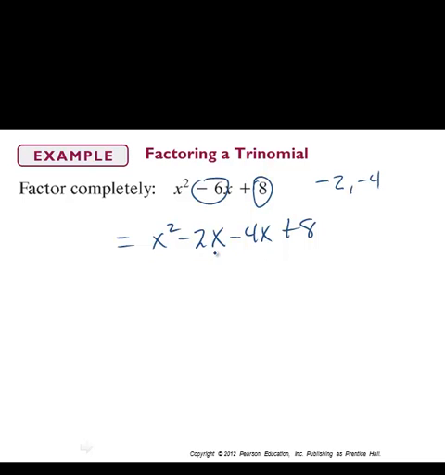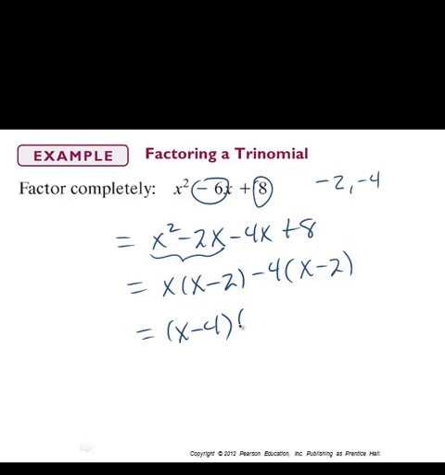But now we can go ahead and factor out an x from these first two terms and factor out a minus 4 from these last two terms. Leaving this with a common factor of x minus 2, which you can factor out, leaving you with an x minus 4. So we have x minus 4 times x minus 2. And boom, we're done. So x minus 4 times x minus 2 is the factorization.